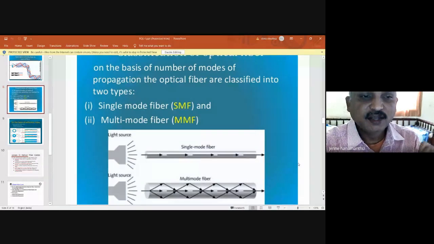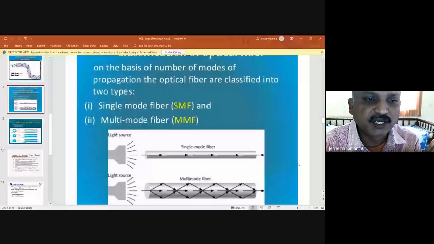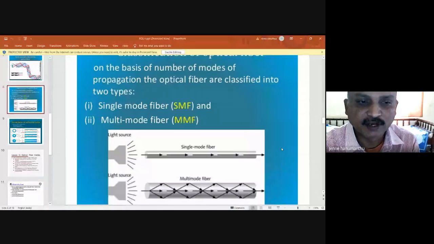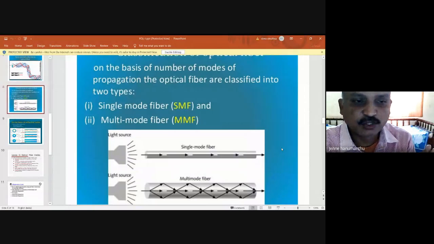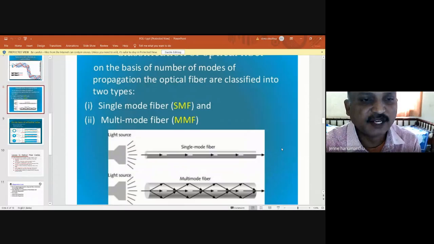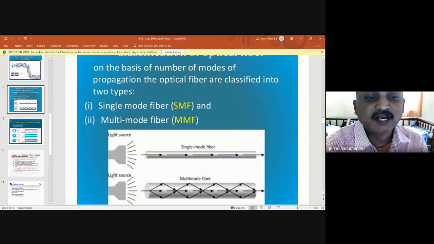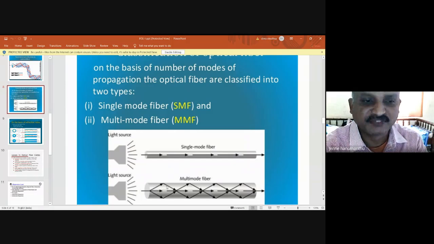But once the light is converted, the total light should be coupled to the fiber. If the source is LED and the fiber is single mode, it is very difficult to couple the LED light into the single mode fiber, because maximum light is scattered into the atmosphere.